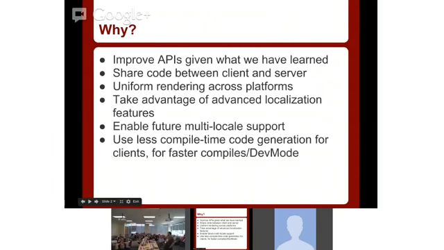We also want to take advantage of this opportunity to add the ability for multi-locale support in an app. Like right now, a GWT app can only be running in one locale at a time. You don't have reference to rendering in another locale at all.